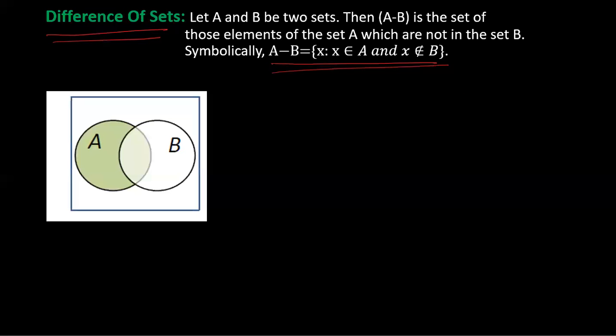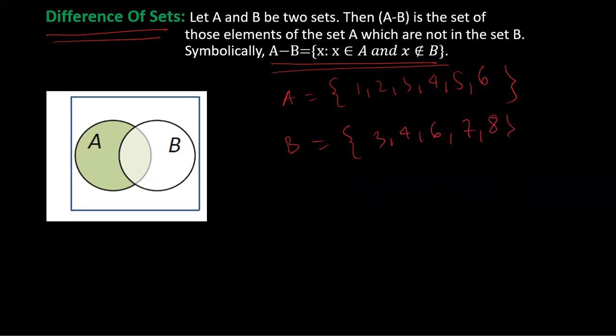And the difference of two sets, we will write as x such that x in A and x not in B. That means if we take an example, A, let's say 1, 2, 3, 4, 5, 6, and B, if we take 3, 4, 6, 7, 8.